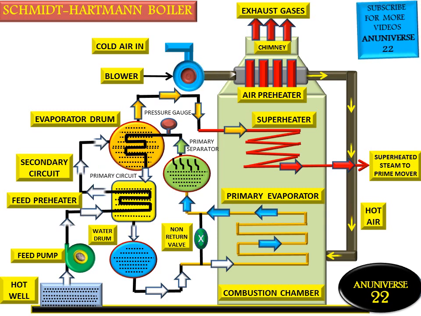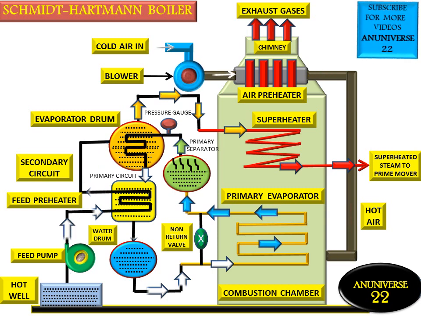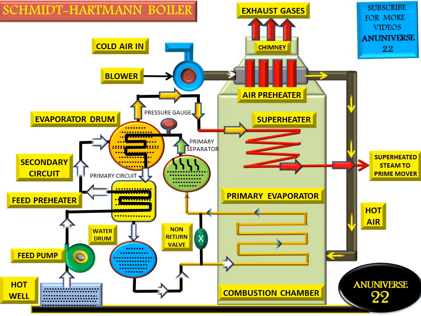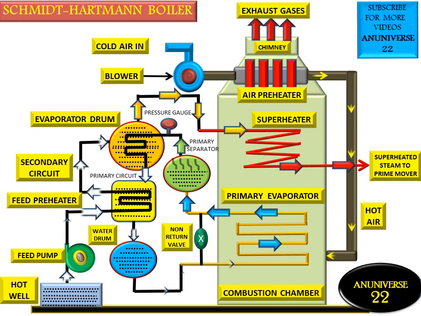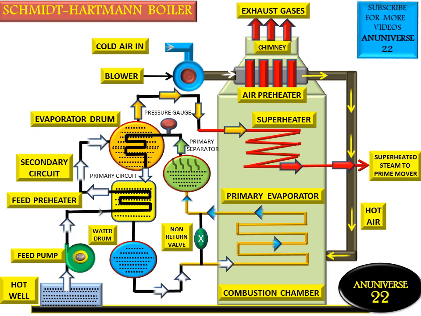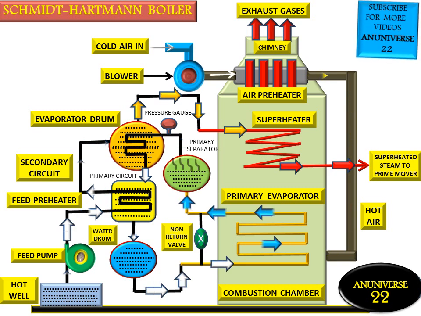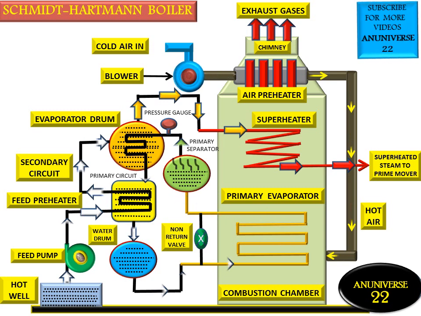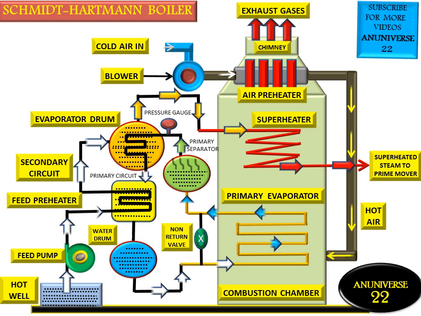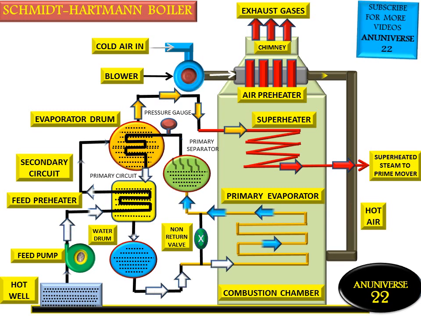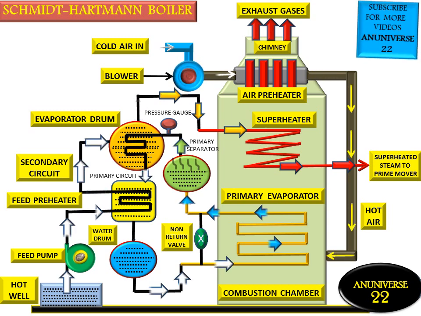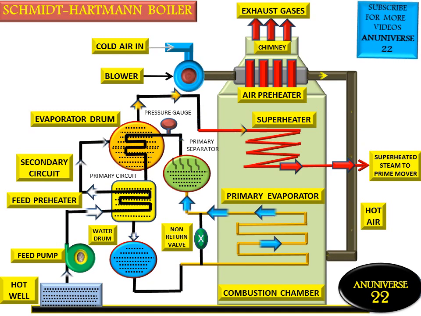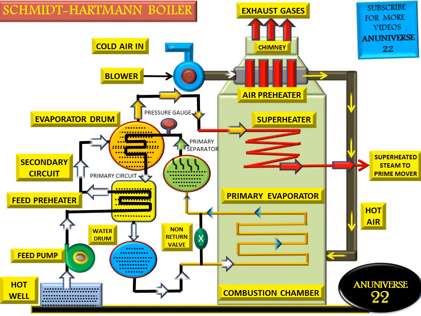There is also an entry in the water drum, and the water from the water drum goes through the primary evaporator, and from the primary evaporator to the primary separator, and from the primary separator the low pressure steam is supplied to the evaporator drum in which the coils are submerged. From the evaporator drum it again enters the feed preheater, and from the evaporator drum the saturated steam is supplied to the superheater.